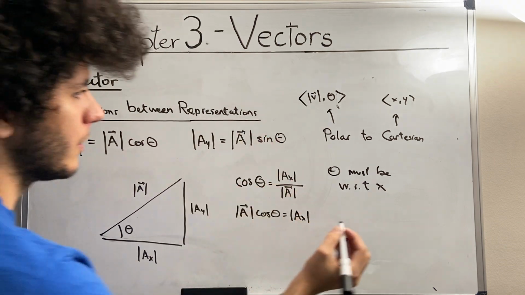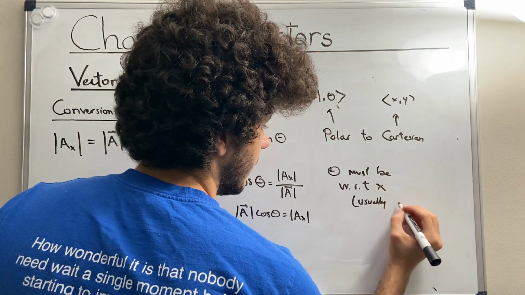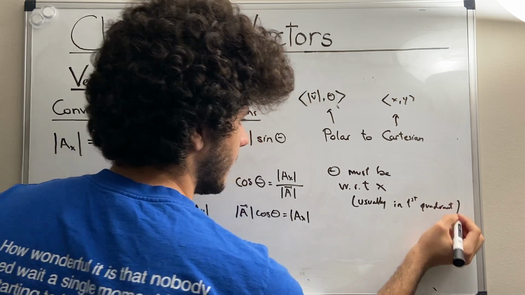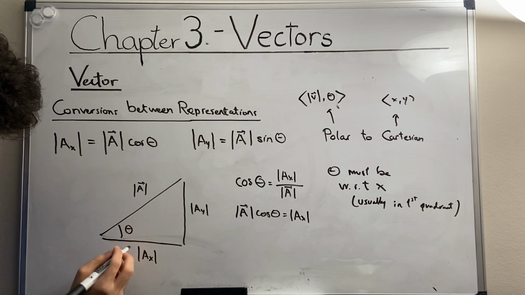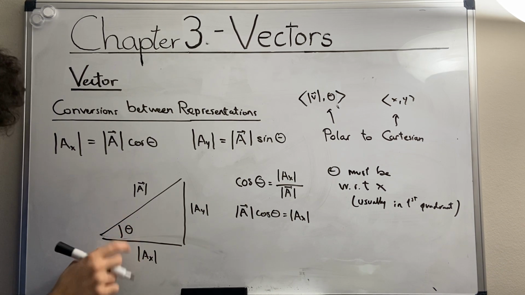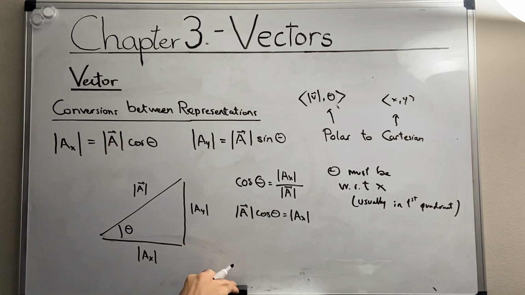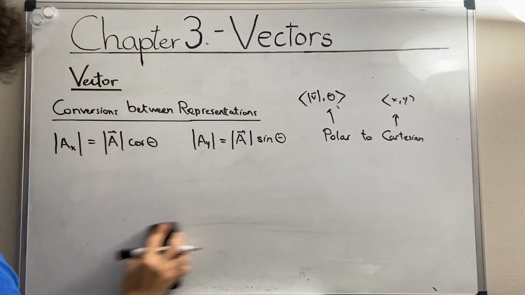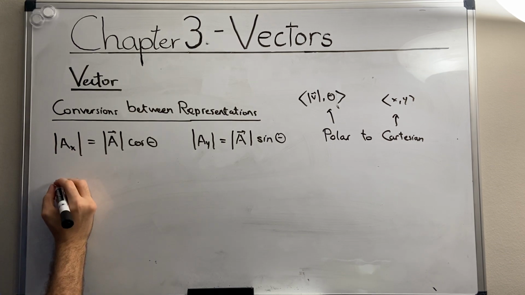So in the first quadrant, usually, unless it doesn't matter, say like the cosine, if we have a negative theta, it doesn't really change anything if it's on top or below, because it's a cosine. I'm sorry if that sounds a little bit weird. Well, you'll probably see it in future problems that we're going to work on together. For now, let's take a look at the second last formula.